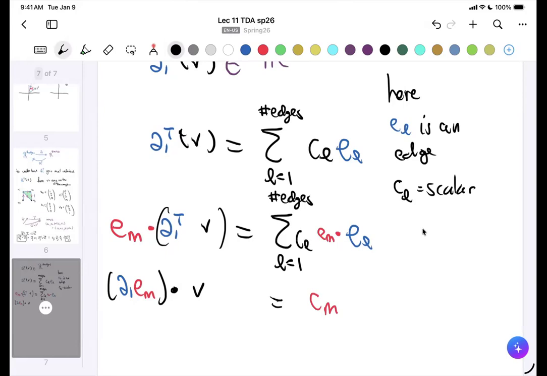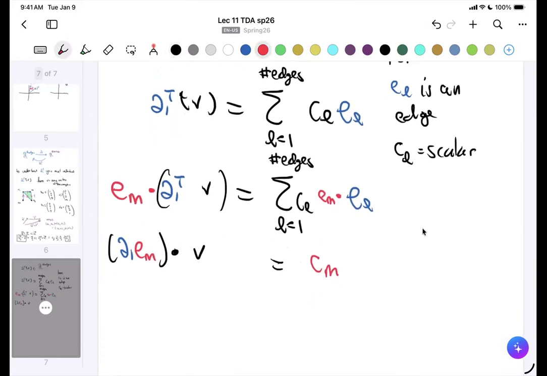Now I will draw a picture. You have to think that every edge is connecting two vertices. I don't know what these vertices are, which particular vertices I'm working with, so I'll call them Vm prime and Vm double prime.